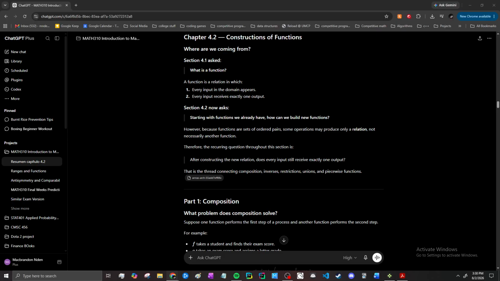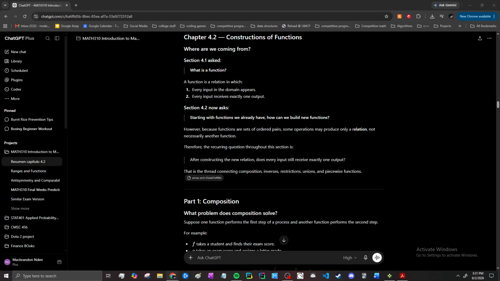I guess the first thing I should touch on is what a function is, or rather first sets, and then what a relation is and why a function is a relation. A relation simply put is a subset of a Cartesian product of two sets.